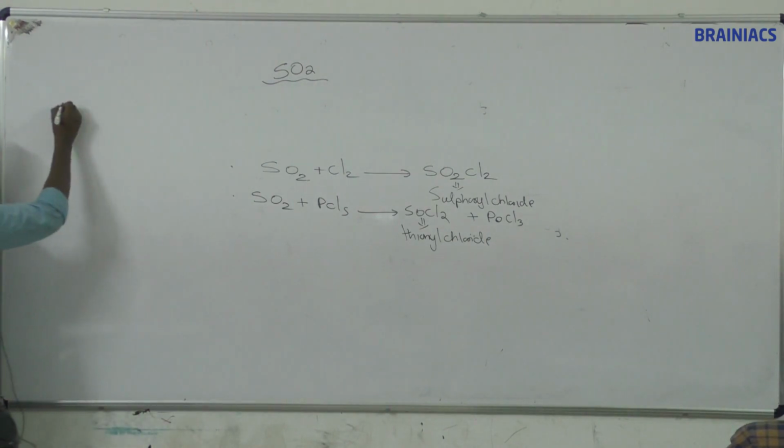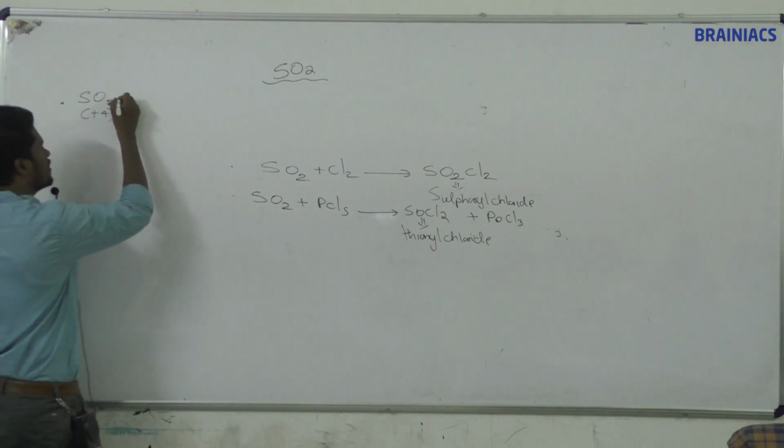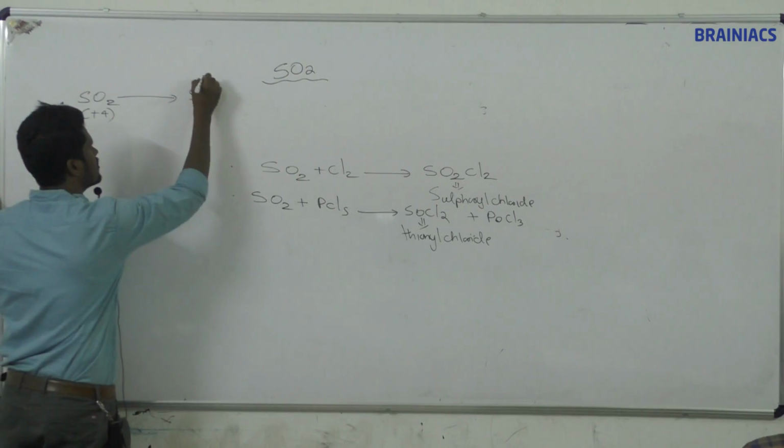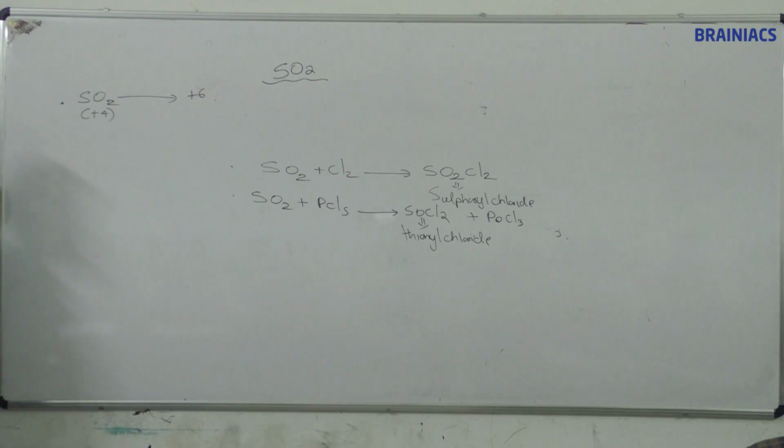In SO2, sulfur is plus 4. What is the stable oxidation state? Plus 6 is the most stable oxidation state for sulfur.